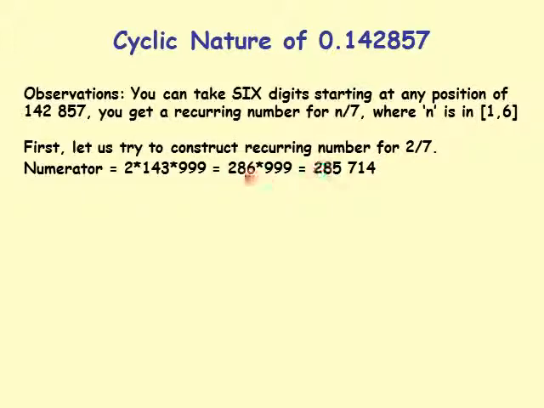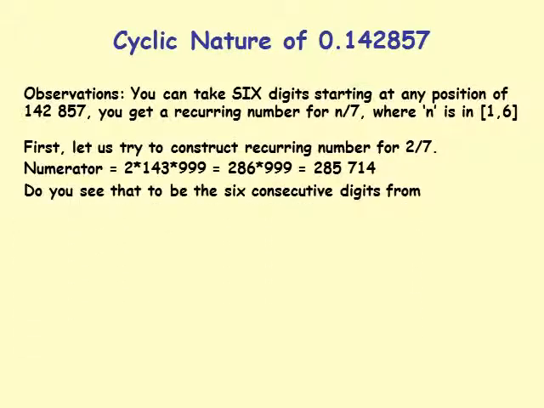On the left, it's 1 less than 286. On the right, it is all from 9 and last from 10 of 286, so 714. Do you see that these are 6 consecutive digits?